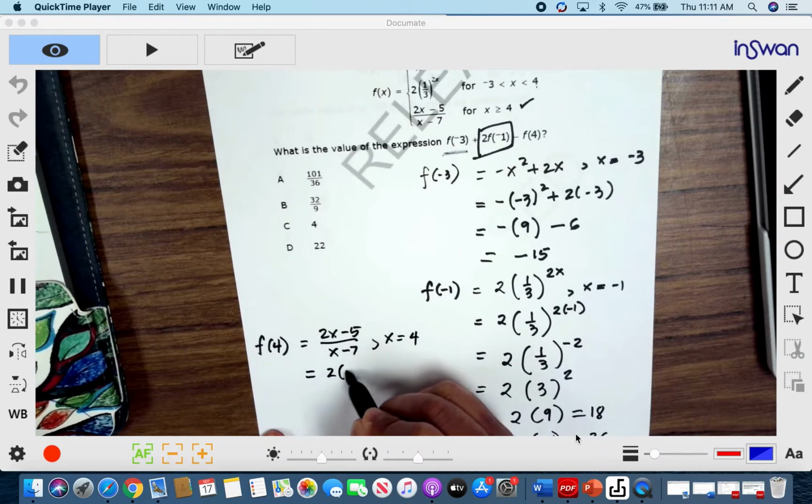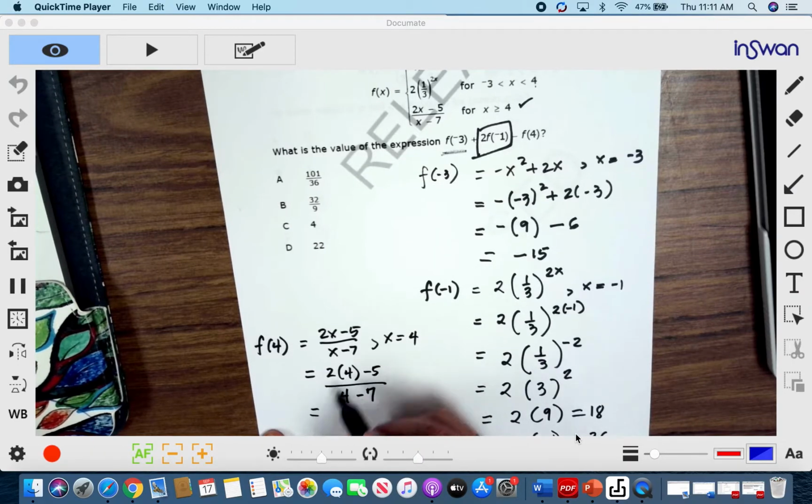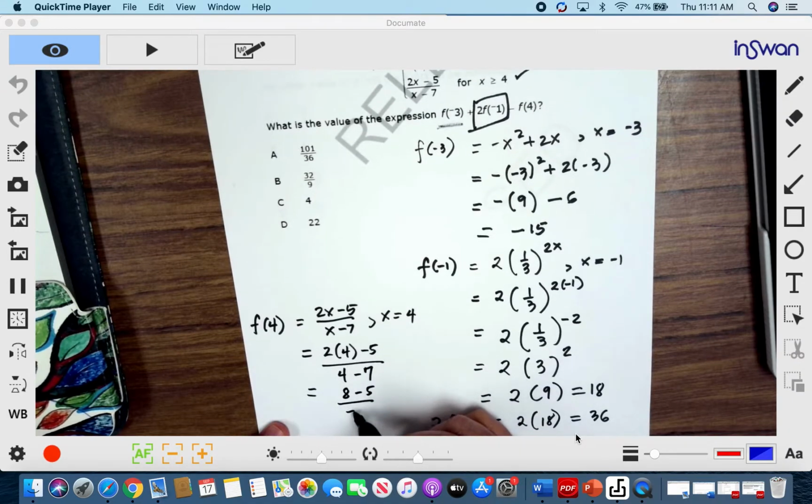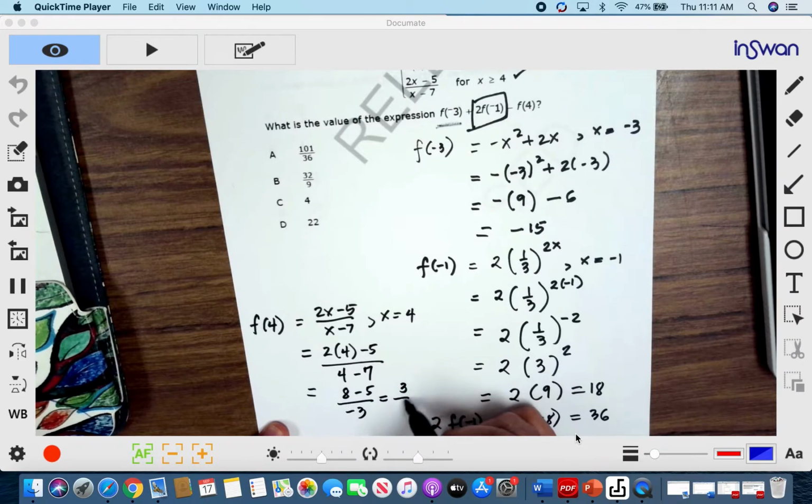That's 2 times 4 minus 5, all over 4 minus 7. 2 times 4 is 8 minus 5, and 4 minus 7 is -3. So 3 over -3 gives f(4) equal to -1.